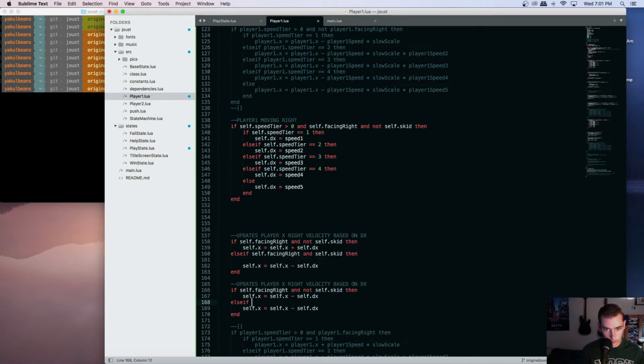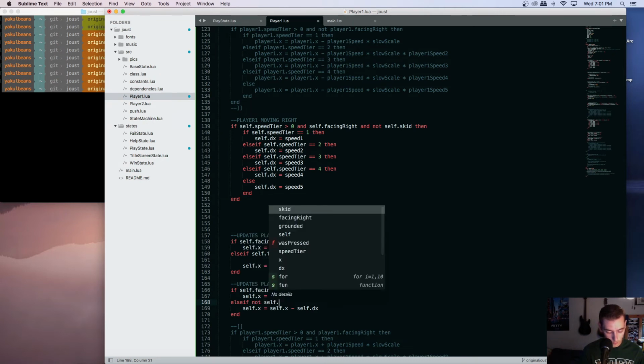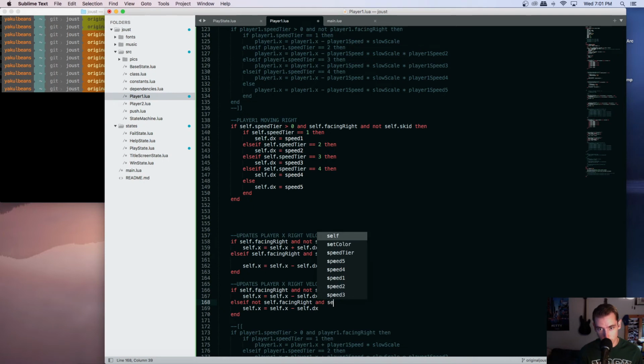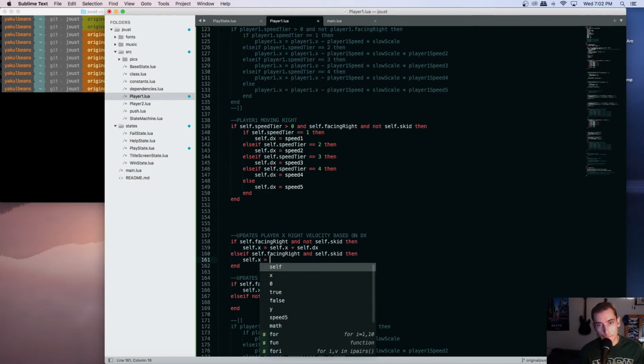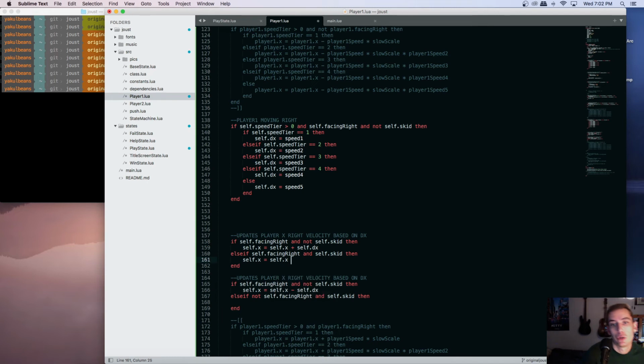And so if it's facing right and self skid is true, then we need to update its x by a number which correlates to whatever speed tier it's in, and that number needs to go to 0 over time.